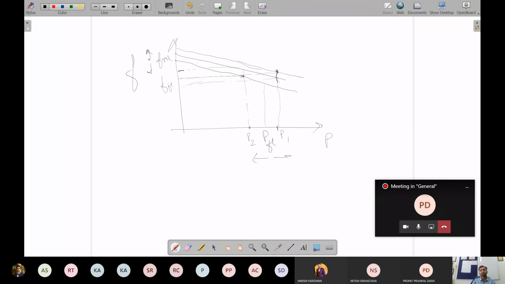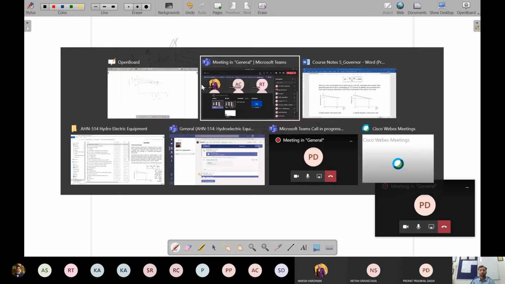So we always want to stick to this operating point. Whatever the full load frequency is, on this horizontal line only we want to operate. Depending upon how much the power demand is, the curve can be shifted up or down. So accordingly, different operating points can be there, and this is obtained by varying this no load frequency to obtain the final operating frequency the same as the full load value or the rating.